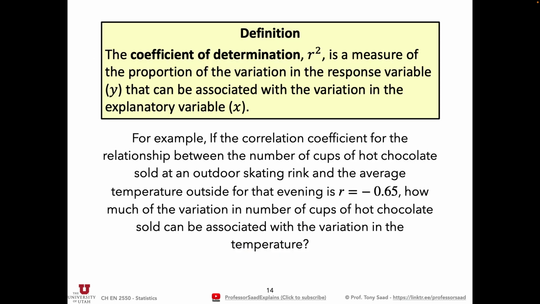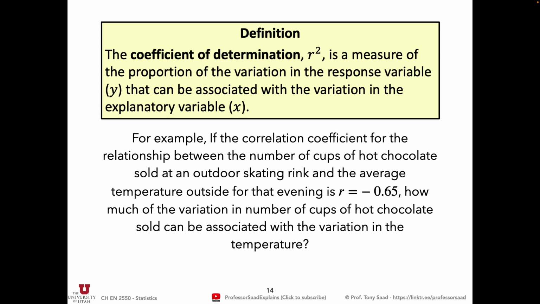Okay, so one more definition before we get into some examples. The square of the correlation coefficient is called the coefficient of determination. Now, in numerical methods, we deduced that after we did the regression analysis and deduced it from the formulas.